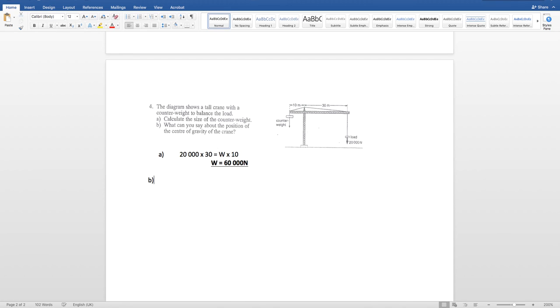And then B. What can you say about the position of the center of gravity of the crane? Well, if the center of gravity of the crane, the beam here, was anywhere other than right here, then you would have to consider the weight and its distance from the pivot.